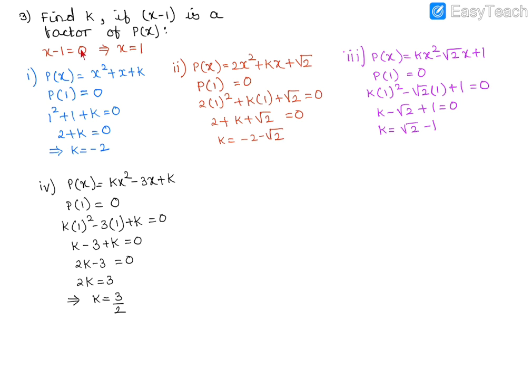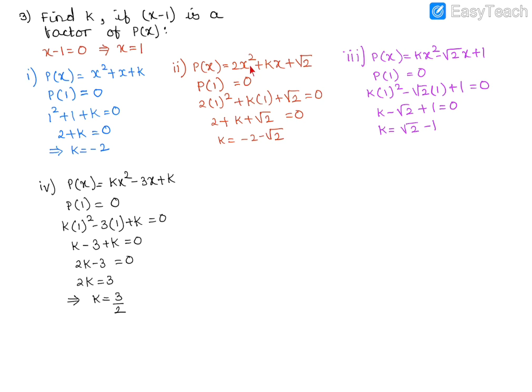Now if this is a factor, what should I get? The answer should be 0. Meaning if I put 1 here, my answer should be 0. That means P of 1, whatever comes should be 0. So I replace it by 1, 1 and k. This should have resulted in a remainder of 0. So that means 2 plus k is equal to 0 and k is equal to minus 2.